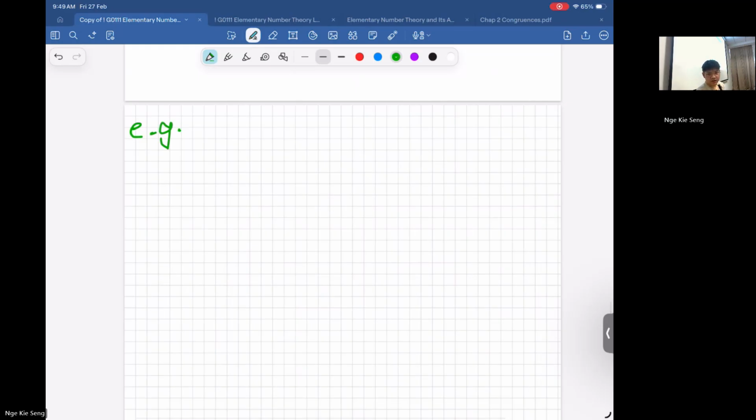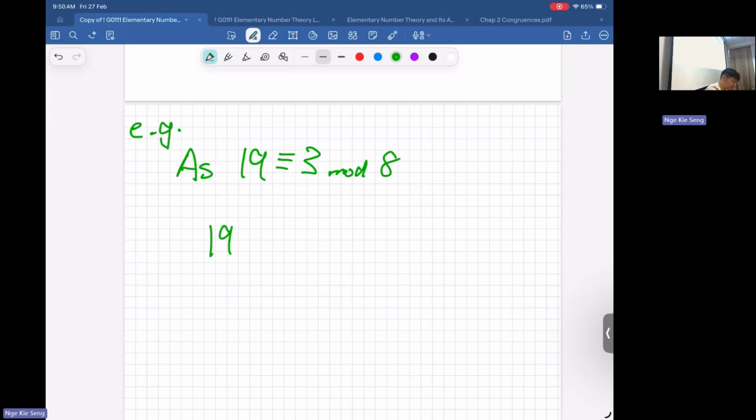So let's see an example. We can see that 19 is congruent to 3 mod 8. What can we do here? We can see that actually 19 plus, let's say 7, is congruent to 3 plus 7.